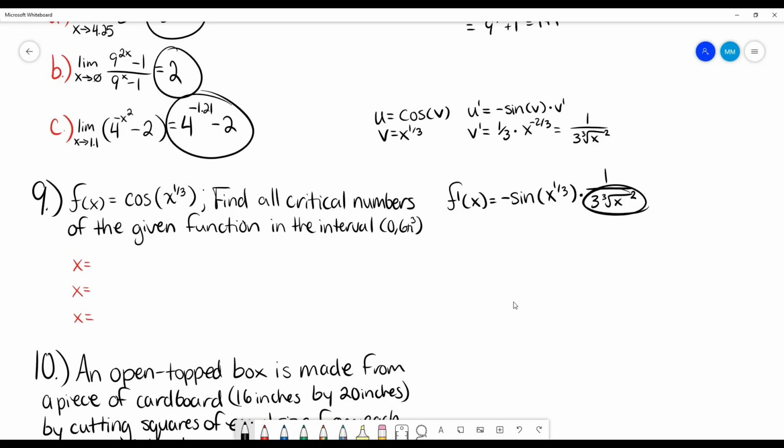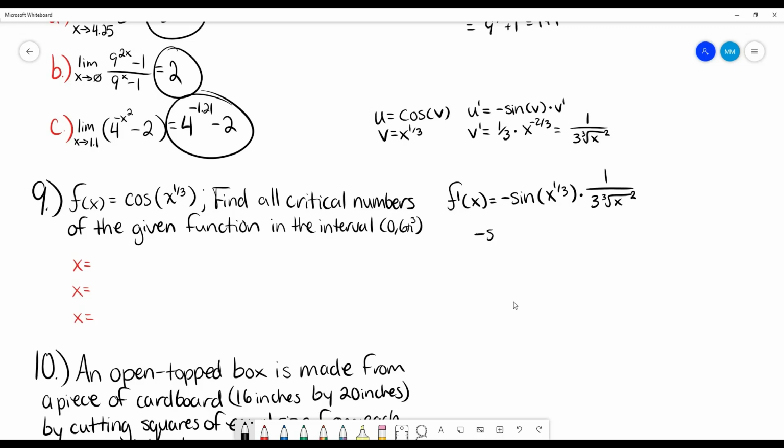Well, I know it's undefined when x equals 0, but on this interval, x never can equal 0, right? Because it's not included. So on this interval, this function is never undefined, and it will equal 0 whenever this trig function equals 0, right?